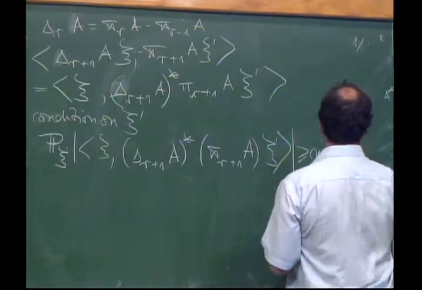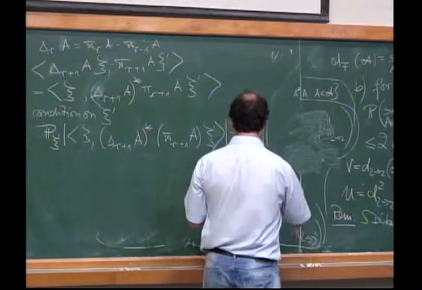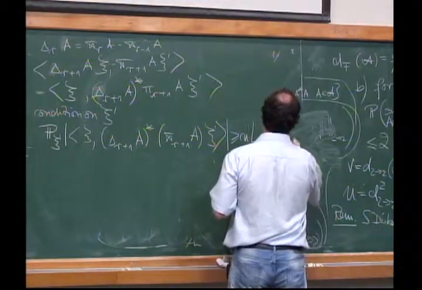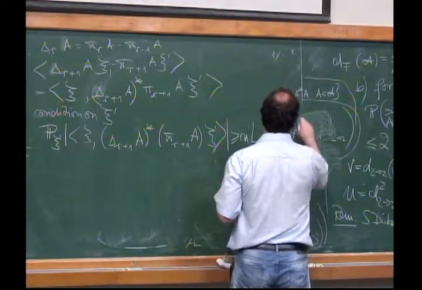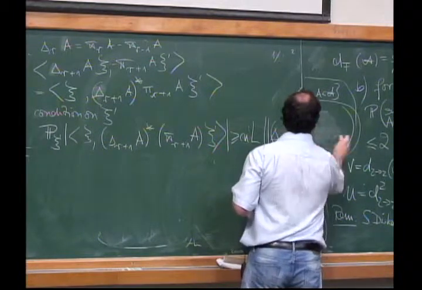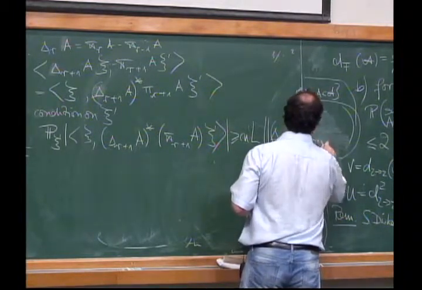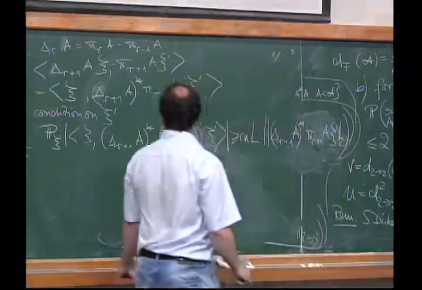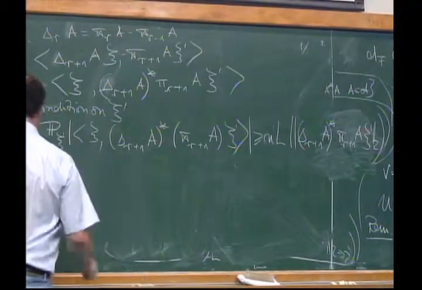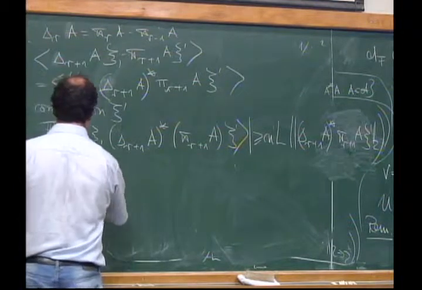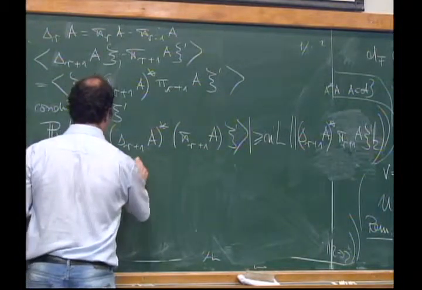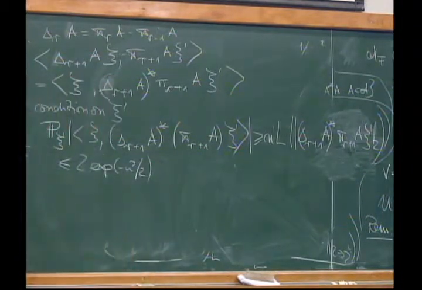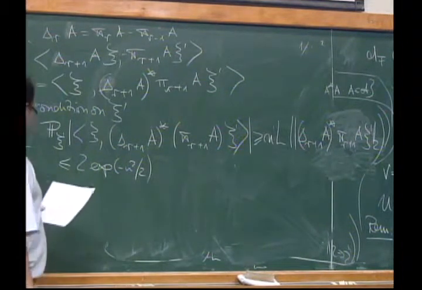And then we have here the 2 norm of delta R plus 1 A star, so this is bounded by 2 times something like that.